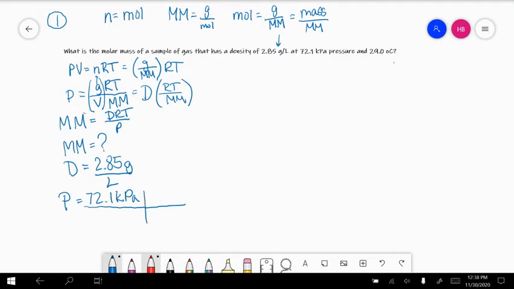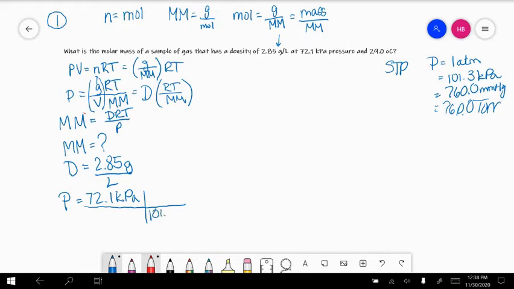Standard pressure is 1 atmosphere, which is equal to 101.3 kilopascals, which is 760 millimeters of mercury, which is the same as torr. So I can change kilopascals to any other units I want. In this case, it's atmospheres.